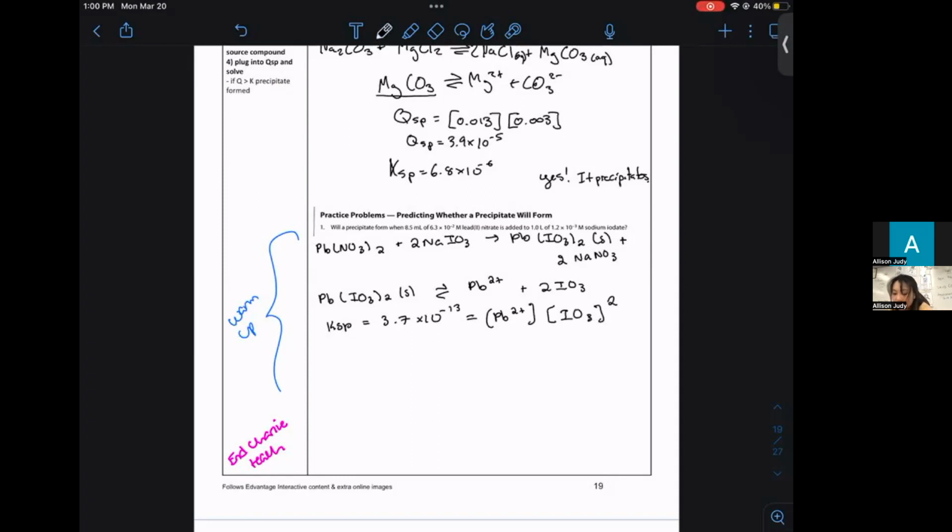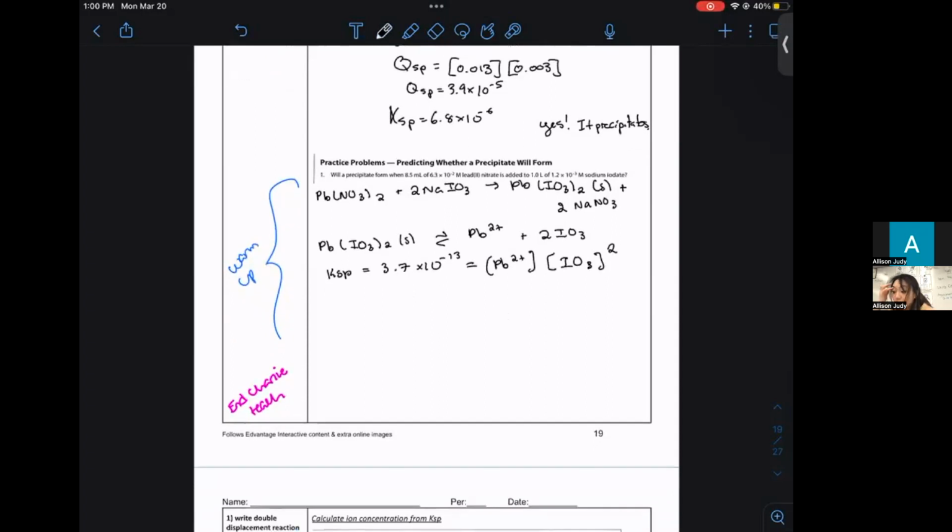All right, oh man, you would have to do so much math. Okay, so then what you have to do is figure out, what is the Q value? So you have to go through an ICE table problem, and I'm actually going to quickly move this up so it fits a little better.